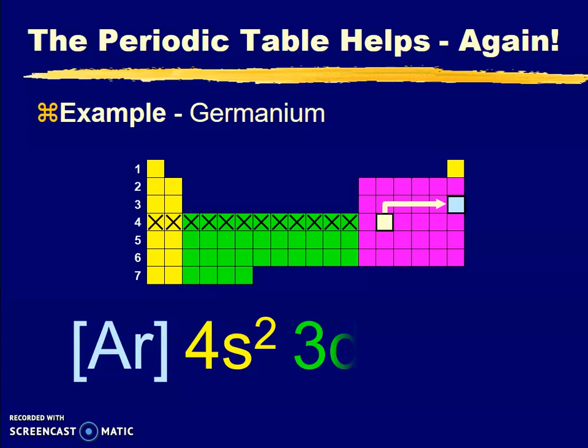There's 10, 3d10. Okay, then go to the next box. This is our P's. Okay, 4p, and then I need 1, 2. 4p2. Okay, so that's how you do the shorthand. You use that noble gas to represent everything that comes before it.